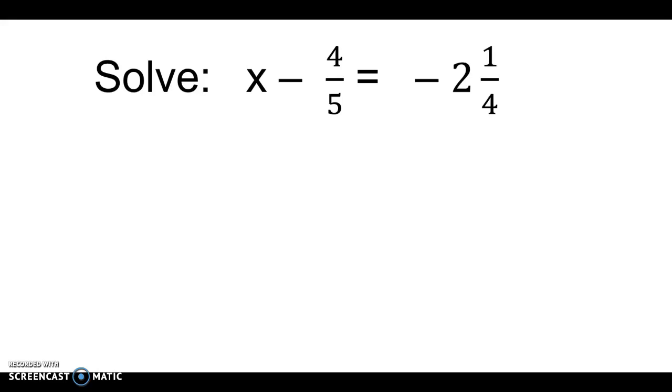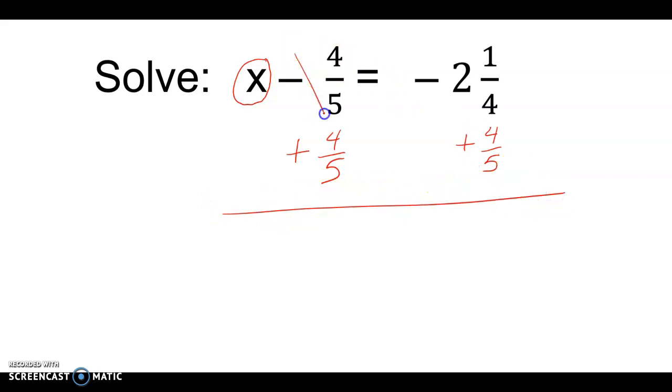All right, the last one. Our variable term is the x. Now we've got to get rid of -4/5 by adding 4/5. So I add 4/5. So the nice thing is with the calculator, we don't have to worry about common denominators. We don't have to worry about simplifying or anything like that because it'll do it for us.